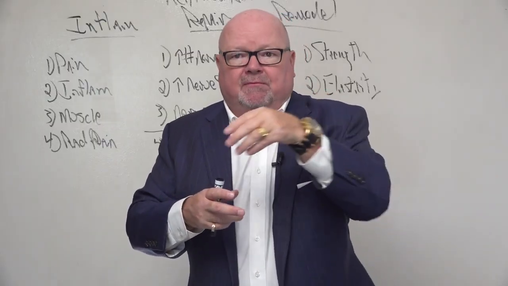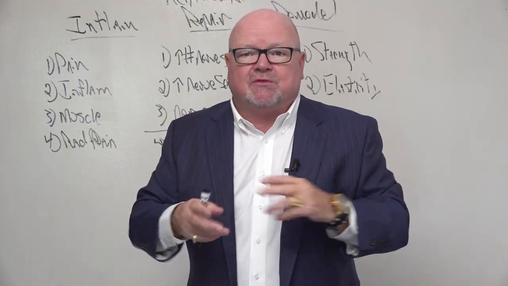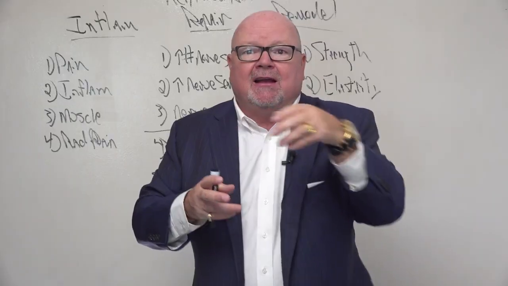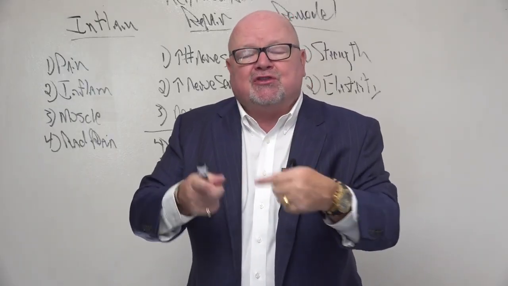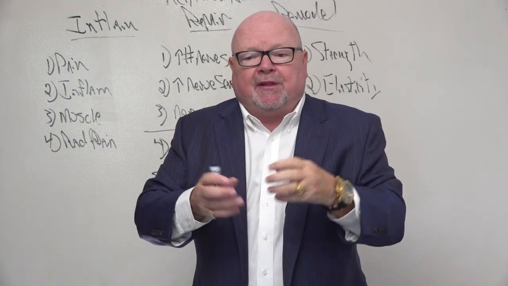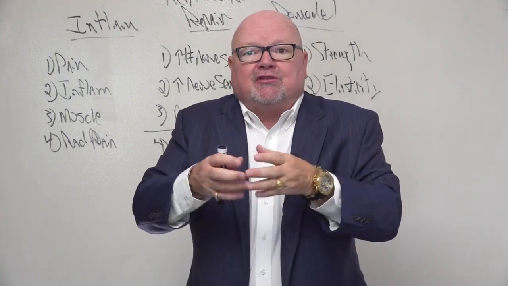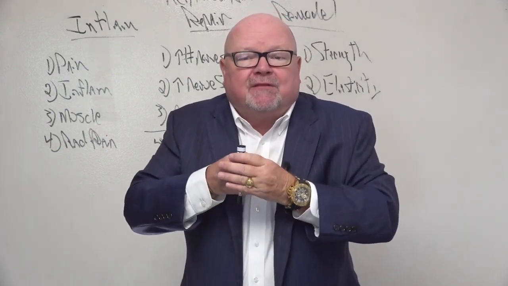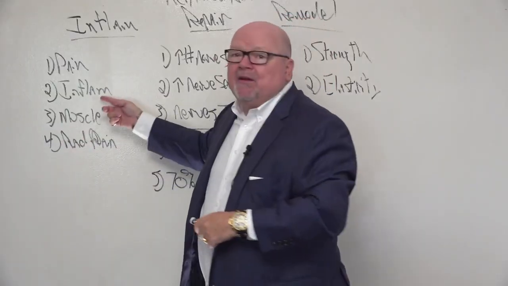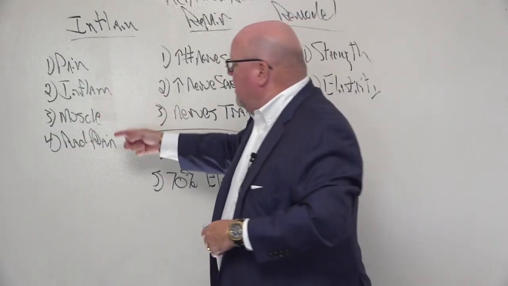I'll move for them so they don't have to contract their muscles. One of the two main reasons I'm doing that is I'm starting to fire those joint sensations to create the gate theory block, but I'm also using it as a mechanical pump to move that inflammation fluid out of there, because that's a pain source. So that's the second way chiropractic helps.